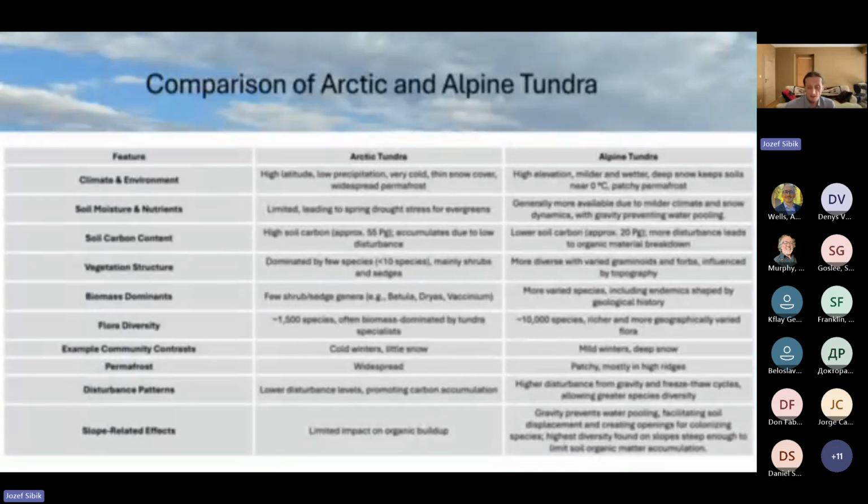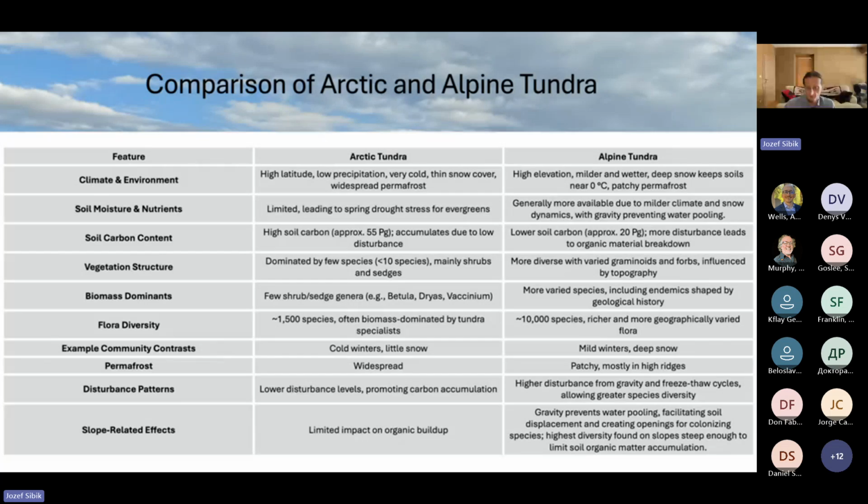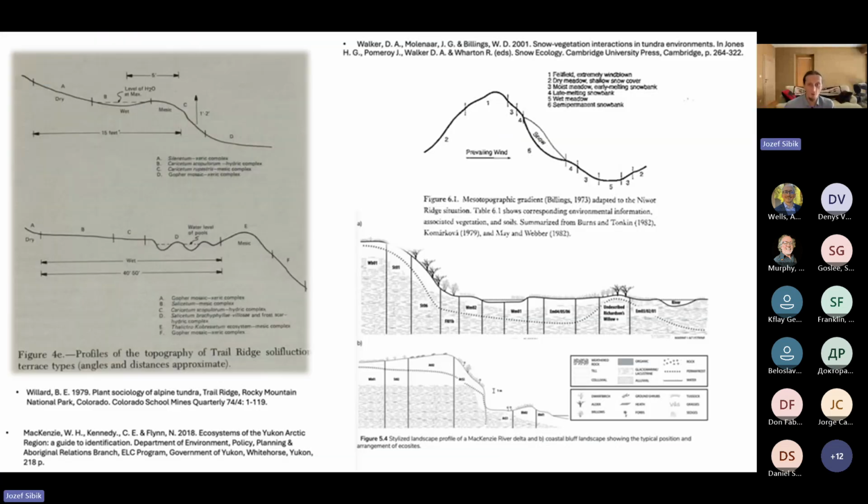However, there are differences in phytogeography and geological history that affected the recent distribution of plant communities. And here we can also see landscape or topography differences, or some variability.